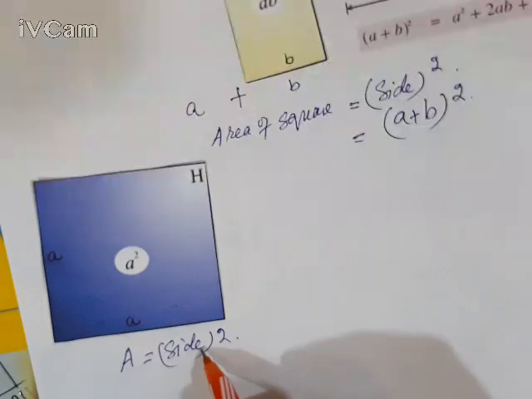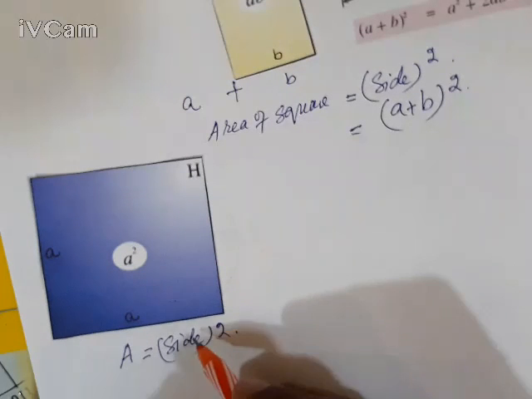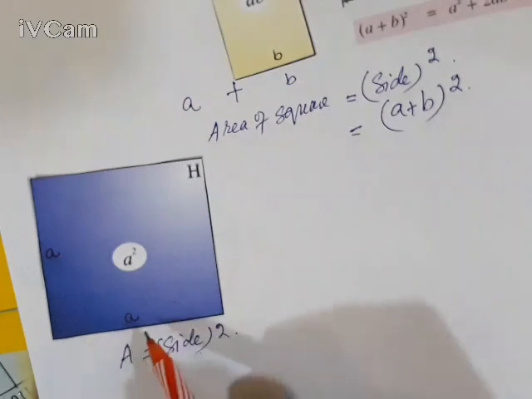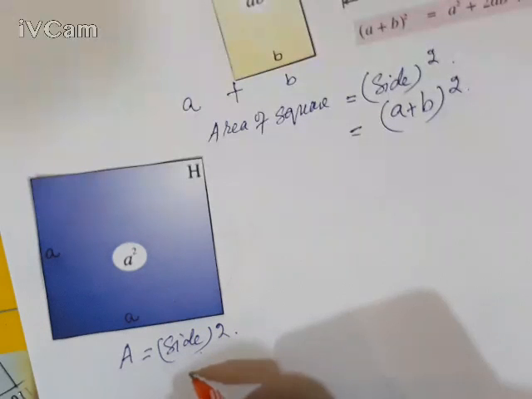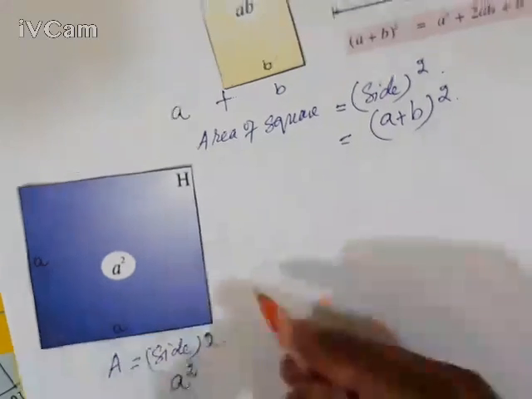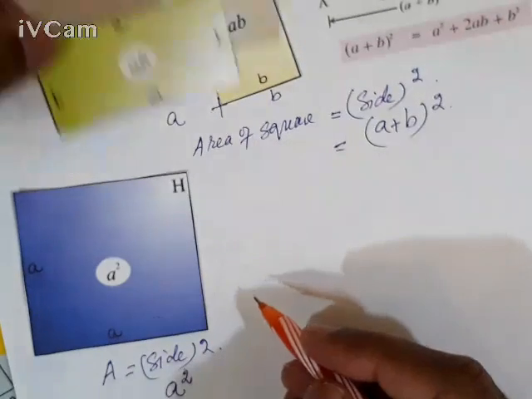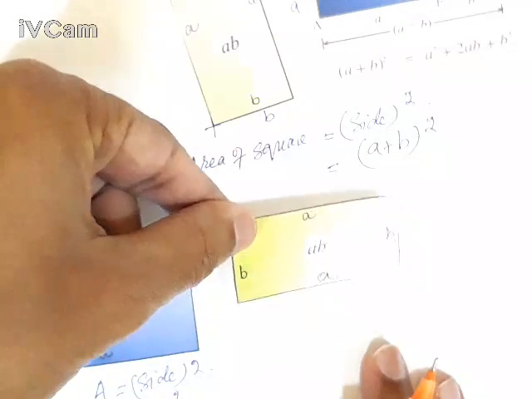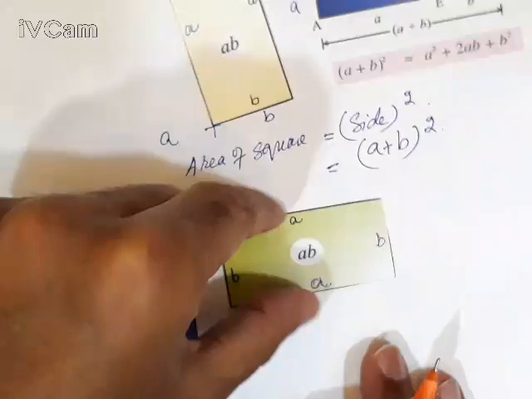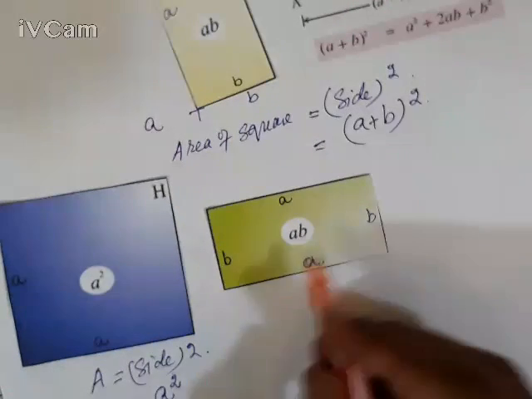One of its sides is a, so we will write a whole square. Now if we pick up another rectangle, this one, and put it over here, we add this area.